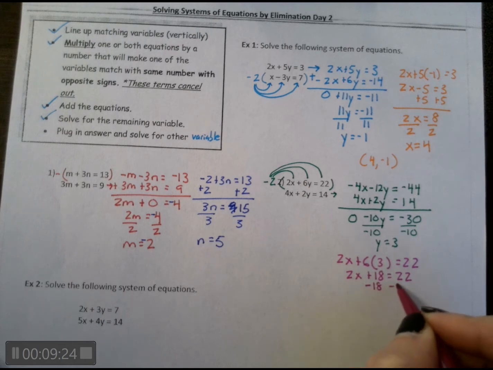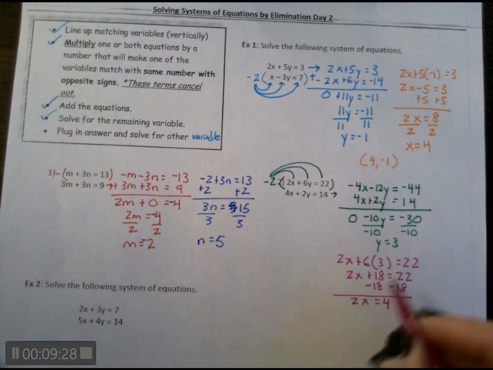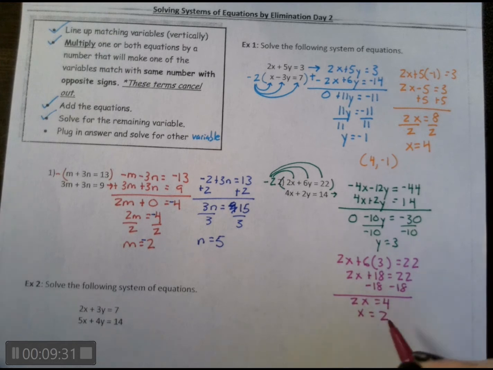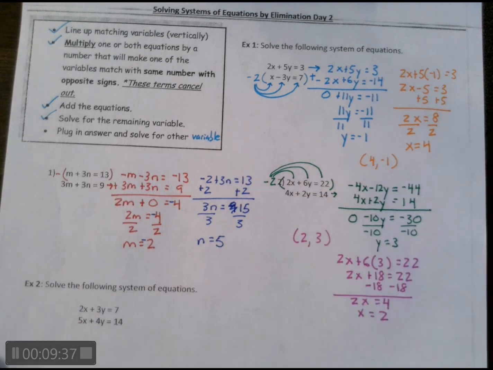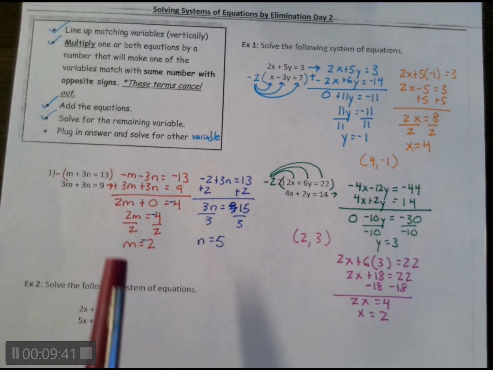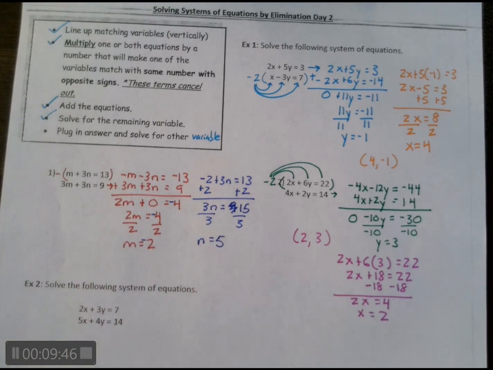We subtract 18 from both sides to get 2x equals 4. So x equals 2. Okay, so then our coordinate point is going to be 2, 3. We did not do a coordinate point for number 1 because we only do coordinate points for x's and y's.